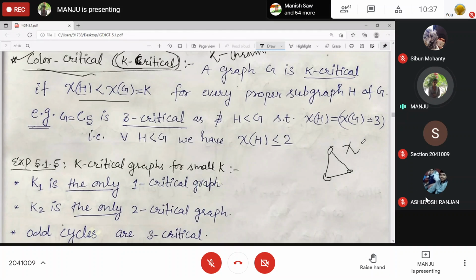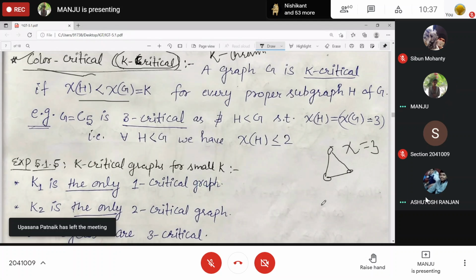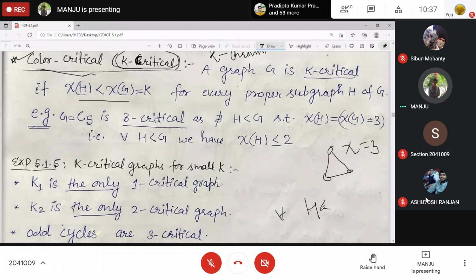So what do you have? The chromatic number for C3 is 3. Can you give me any subgraph of C3 such that the chromatic number of that subgraph is equal to 3? Does there exist any subgraph? No, ma'am. So for all subgraphs H of C3, the chromatic number of H is strictly less than 3, right?